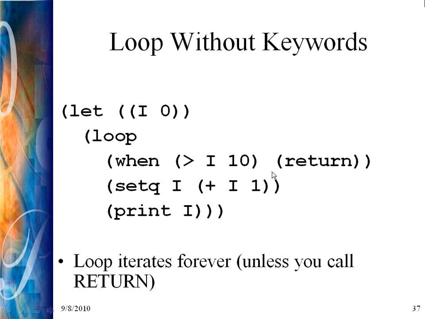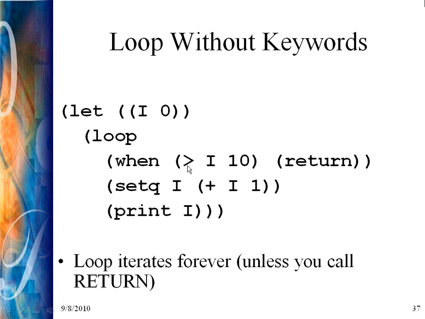The way you get out of a loop which is iterating forever is that when it sees a return statement, that's open parenthesis, return, close parenthesis, it jumps out of the loop. This will take arguments, and will return whatever argument you give it. Here we gave it no argument, so it's going to return nil.